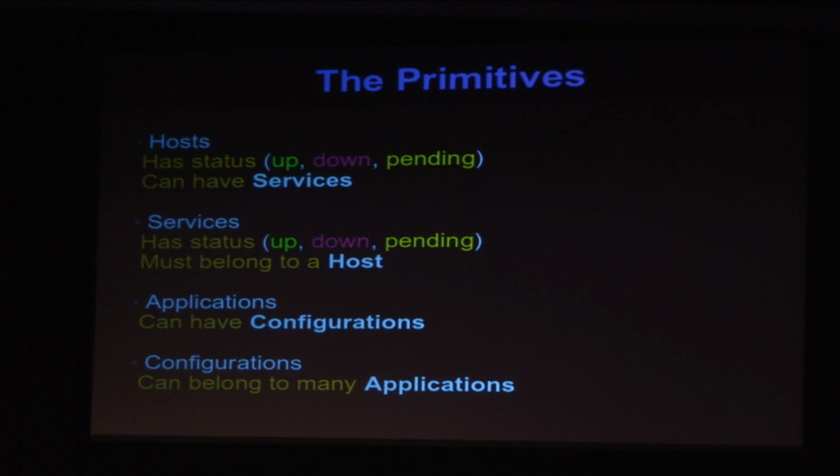We have hosts. We have services, applications, and configurations. You can see that hosts and services smell a lot like Nagios. That's because, again, Nagios is something that I took a little bit of inspiration from in that regard. It's a model that we already understand.